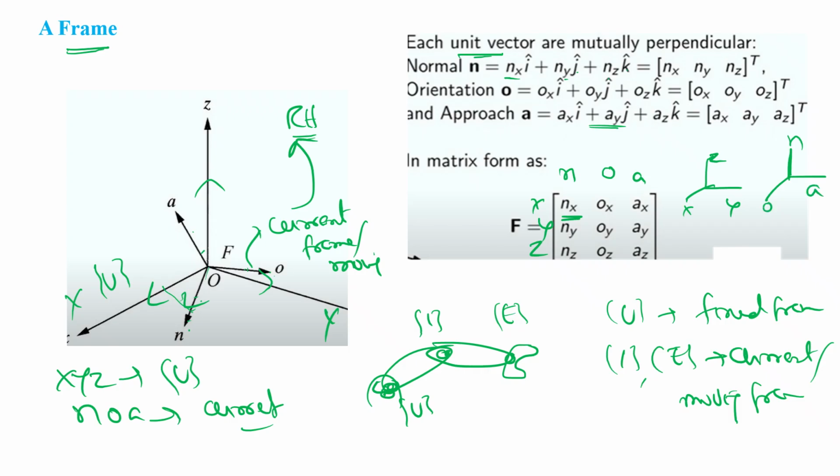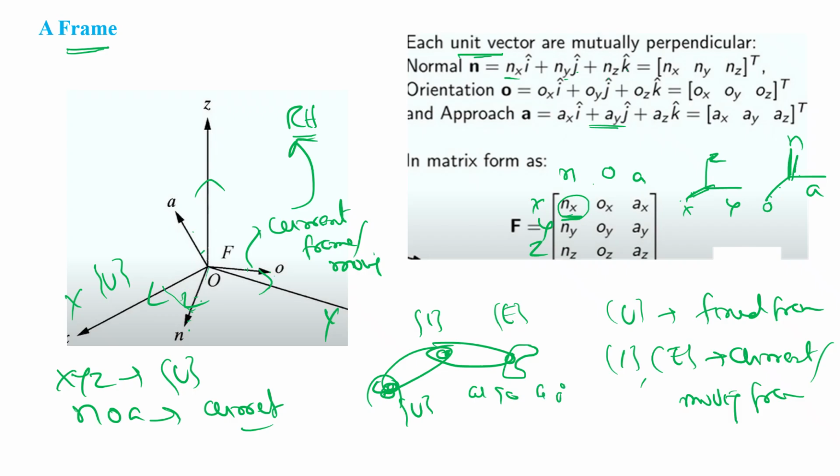Now I want to compare this and this. First N: in order to fill this, I have to compare N with X. N and X are perpendicular to each other, so for that we have to give the cosine. So this NX is cos 90. Similarly, we are going to compare this O with X. O and X are parallel to each other.